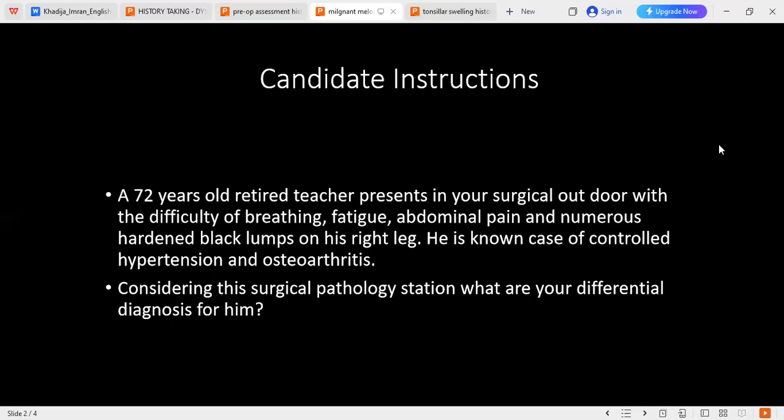For the sake of knowledge, what are the different types of malignant melanoma that you are aware of? Yes, ma'am. Five types: superficial spreading, nodular, lentiginous, acral, and desmoplastic. What type of melanoma is epithelioid?